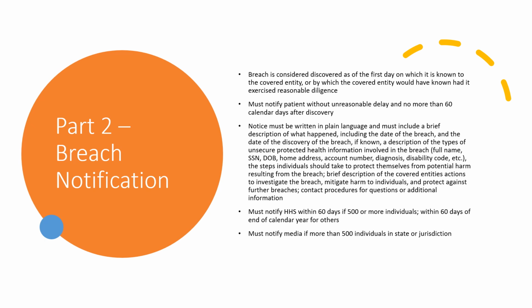The notice must be written in plain language and must include a brief description of what happened, including the date of the breach and the date of the discovery of the breach if it's known, and a description of the types of unsecured protected health information that was involved in the breach, like full name, social security number, date of birth, home address, account number, diagnosis, disability code, etc. And then the steps that the individual needs to take to protect themselves from any potential harm that could result from the breach, and a brief description of the covered entity's actions to investigate the breach, to mitigate any harm to anyone, and to also protect them from further breaches.